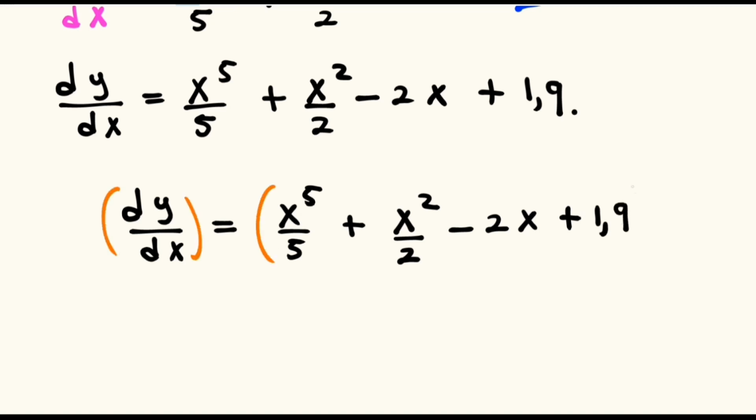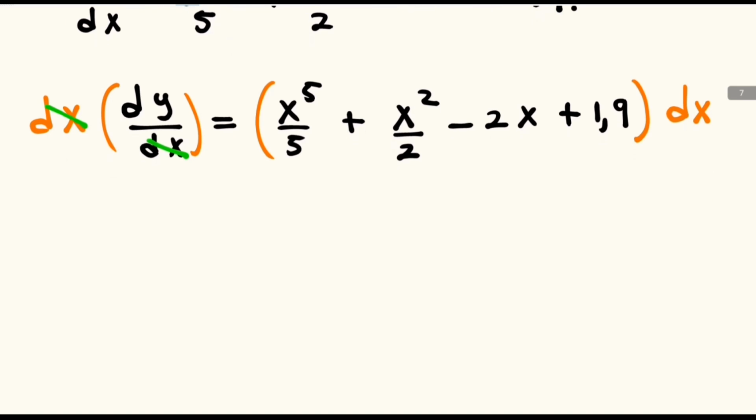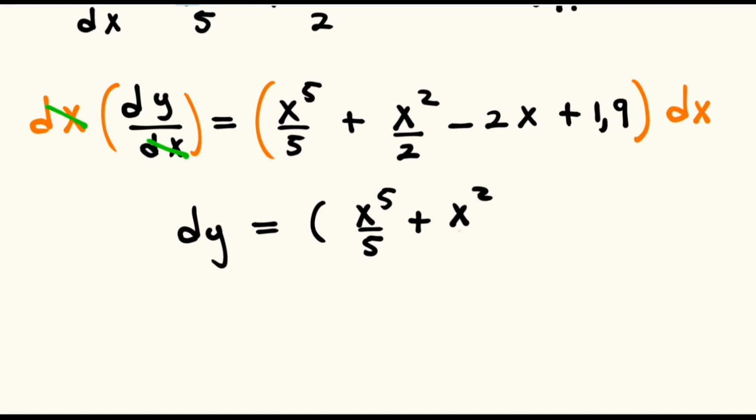and we are going to multiply both sides of the equation by dx, and that dx will cancel out, and dy will be equals to x to the power 5 plus x squared divided by 2 minus 2x plus 1.9, all of which is multiplied by dx.